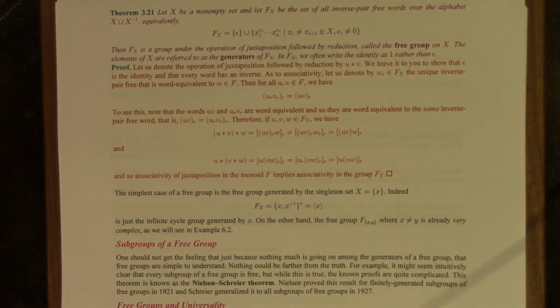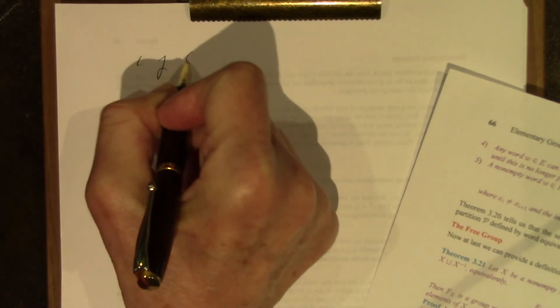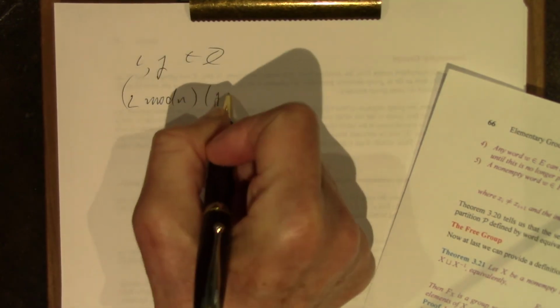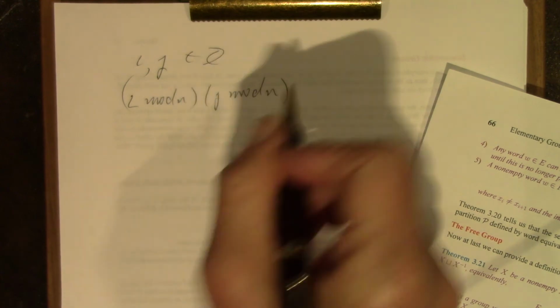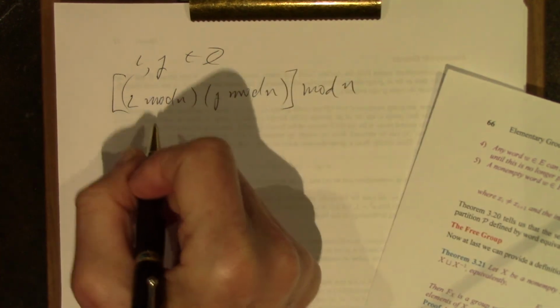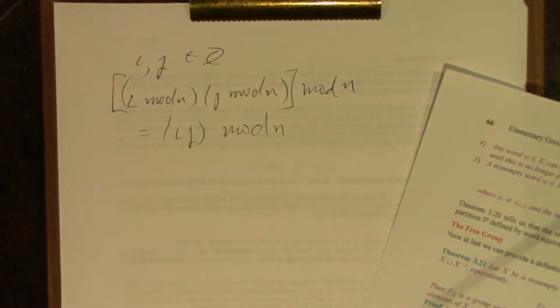This reminds me of a similar equation with regard to taking residue classes in the integers. If you have two integers i and j, let's say, and you take i mod n times j mod n, and then you reduce again mod n, you wasted your time because that's the same as just ij mod n.